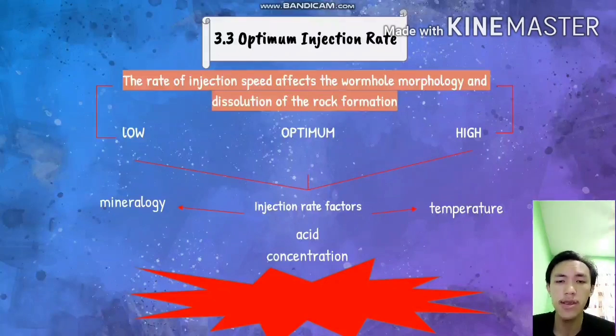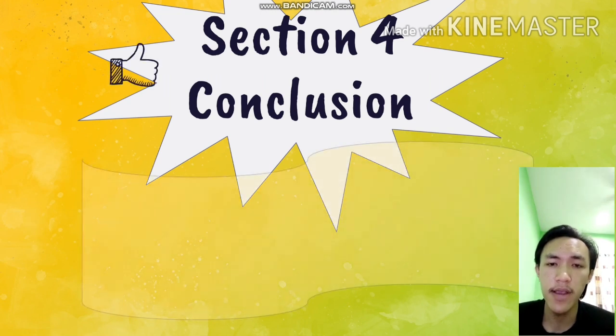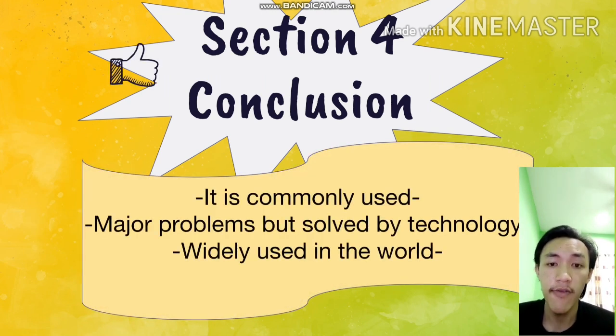So in conclusion, the rate of injection speed will affect the wormhole creation and the dissolving of rock formation.